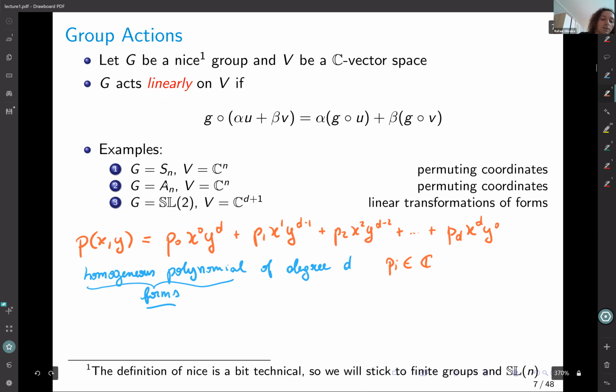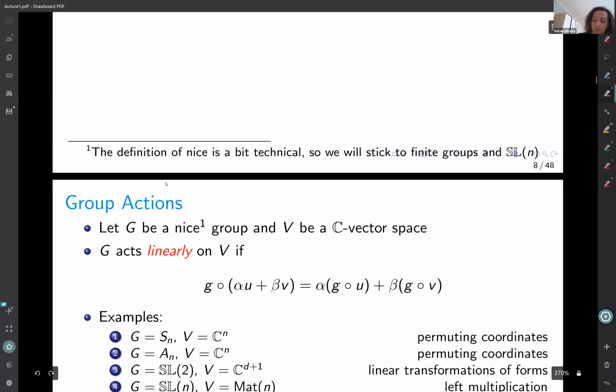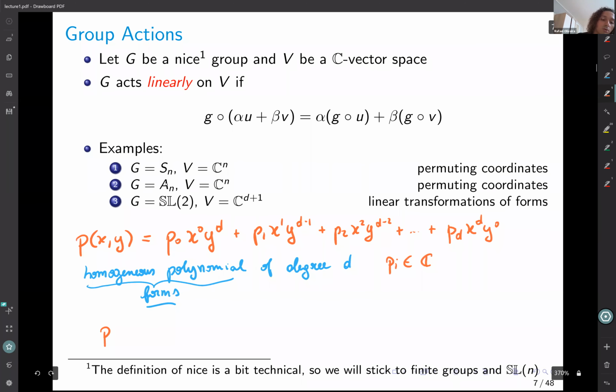Here you can see that we can associate to each polynomial the vector p0, p1, up to pd, and this is in C^(d+1) because we have d+1 coordinates.